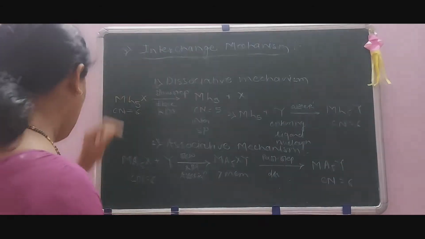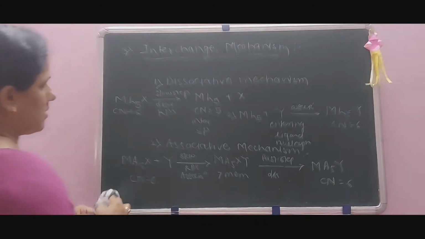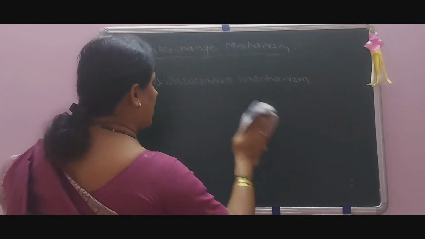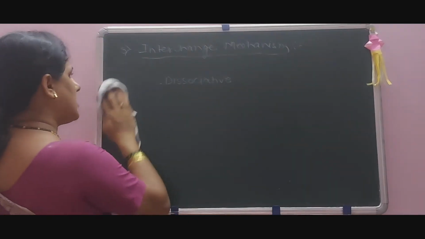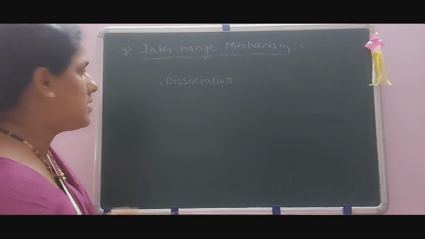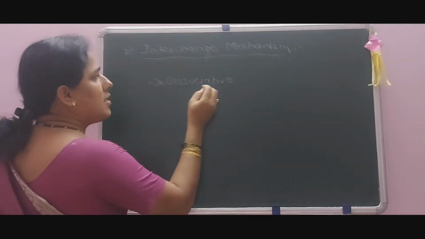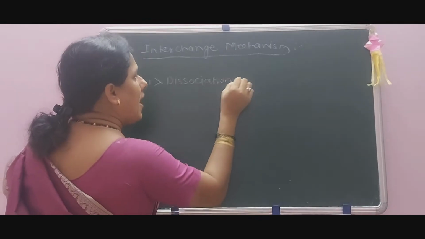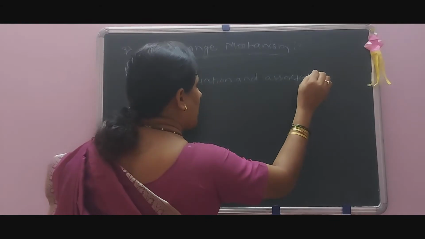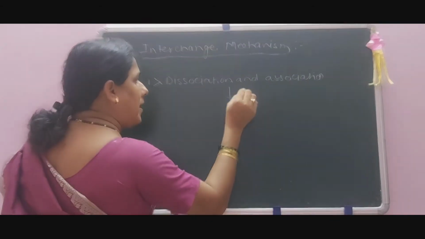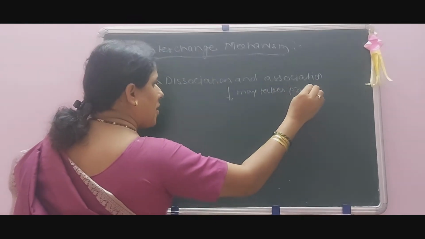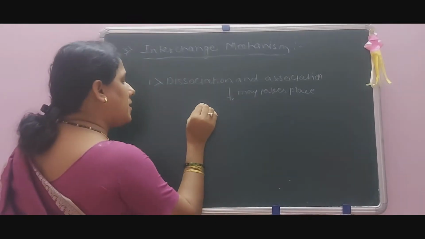Up to this point, we have seen the graphical representation and some characteristics of the dissociative and associative mechanisms. Now we have to see the interchange mechanism. In the interchange mechanism, dissociation and association may take place simultaneously.